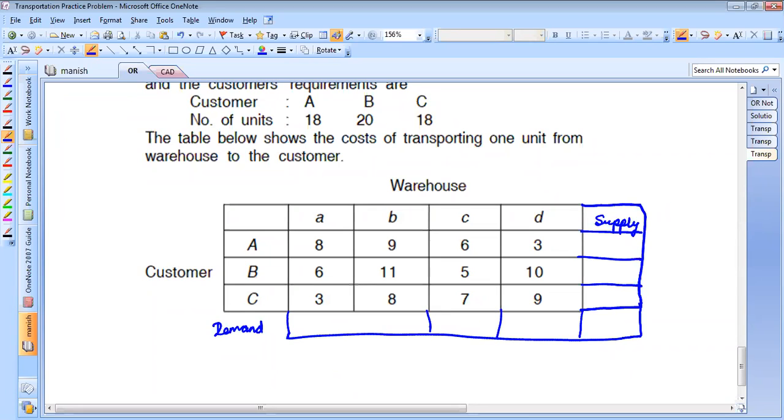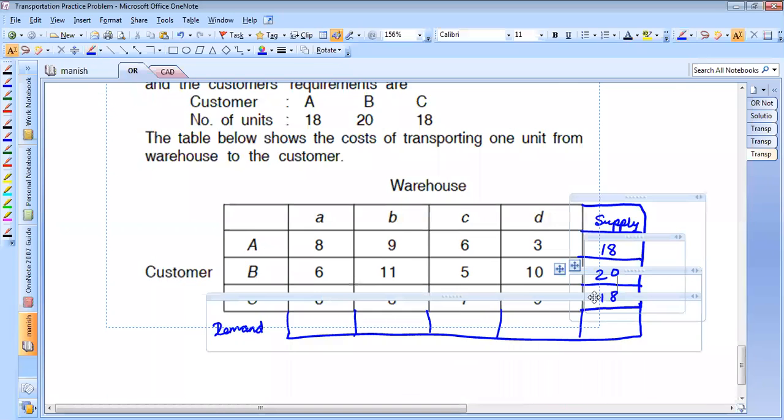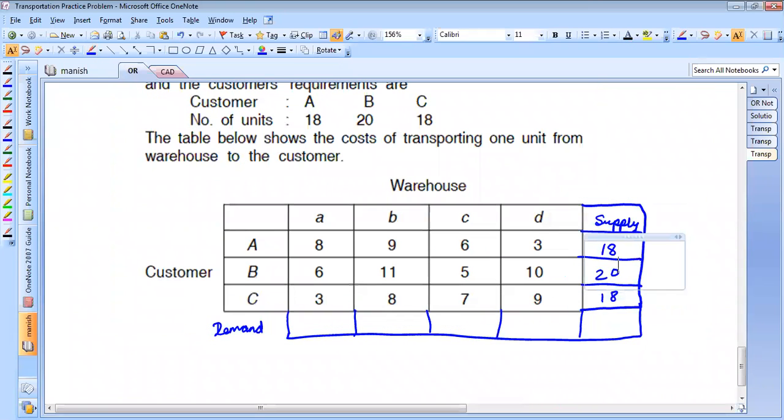So demand we will add. This is 18, this is 20, this is 18, and the supplies are 15, 16, 12, 13. Total is 56. Correct? So this is a balanced problem.